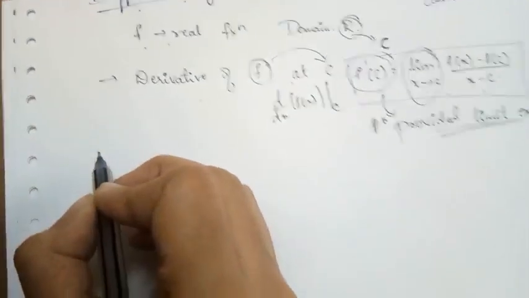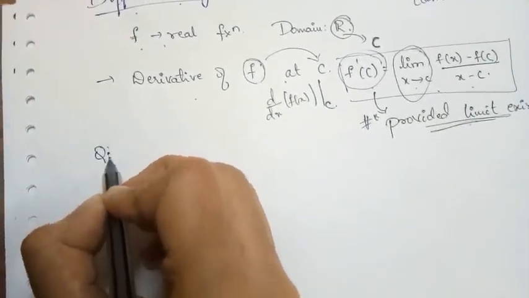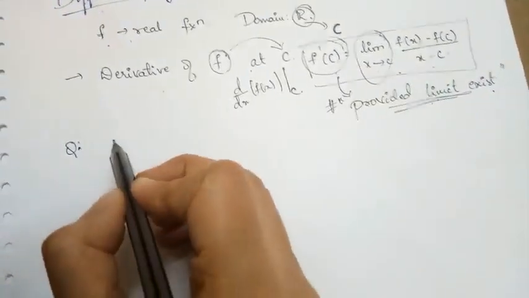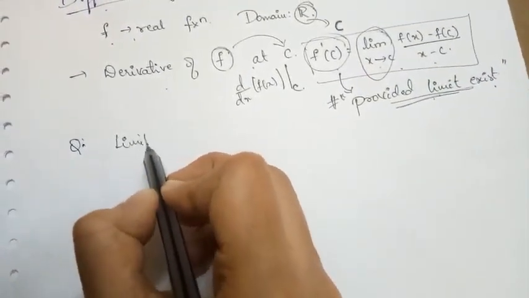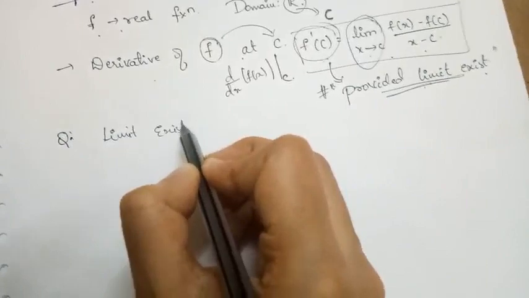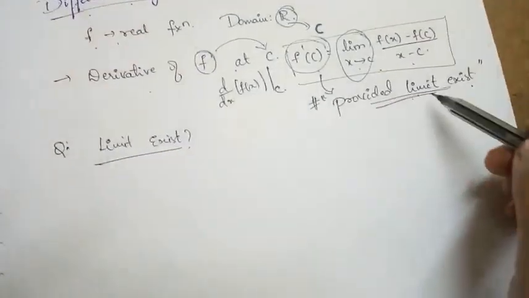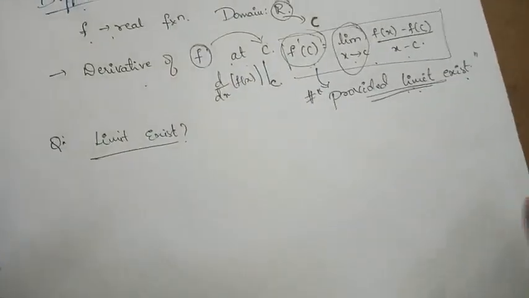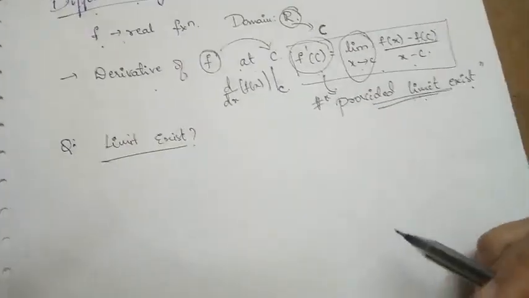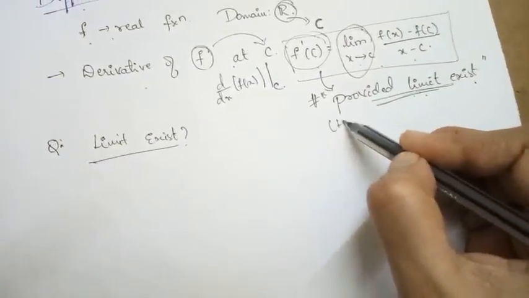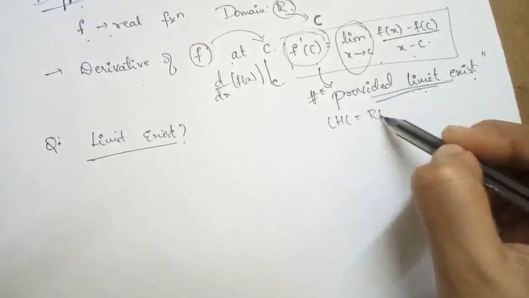Now my question for you is, when we say the limit exists or does not exist, usually we know that a function has a limit when the left hand limit is equal to the right hand limit.